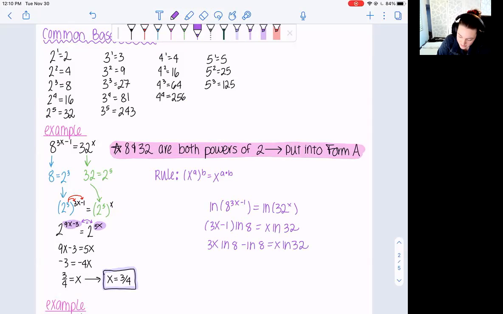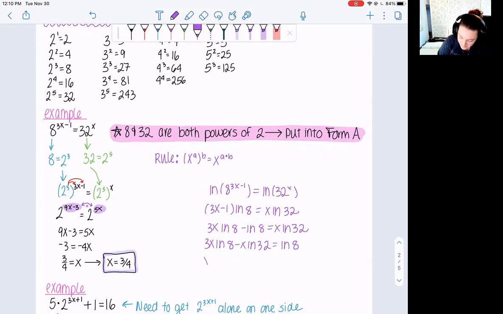Move all the x's to one side. Anything with no x goes to the other. The ln 8 moves over. You factor out the x. Like I said, you don't need to write this down necessarily. I'm just demonstrating for you that you could do it this way.